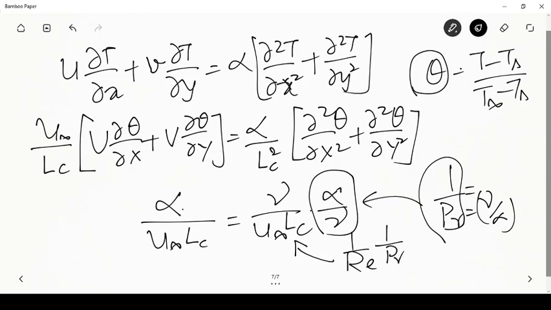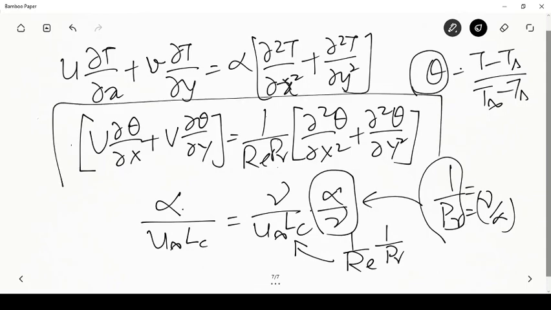So what do you get? You get this entire equation replaced with the non-dimensional form, which will basically say, I can remove these and simply write 1 over Re Pr in this equation. Okay, so that is your energy equation in the non-dimensional form.